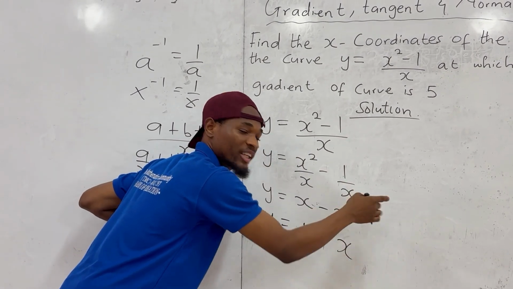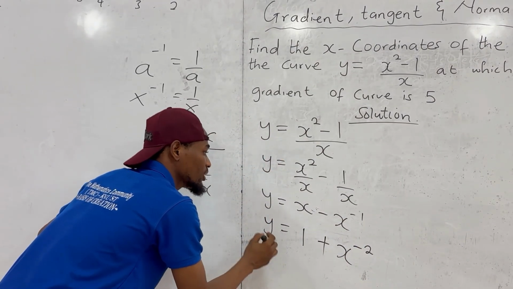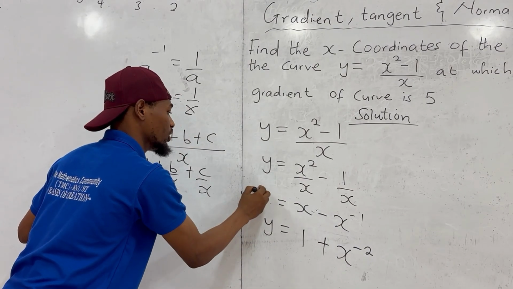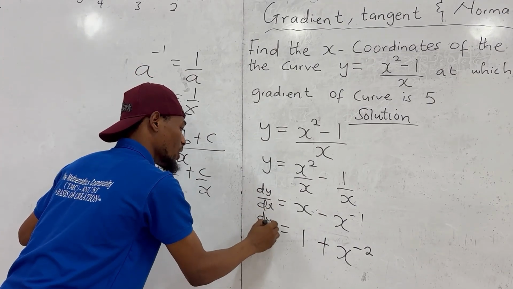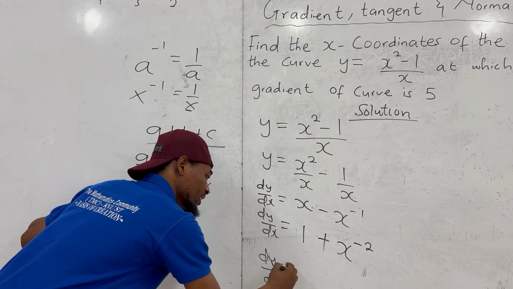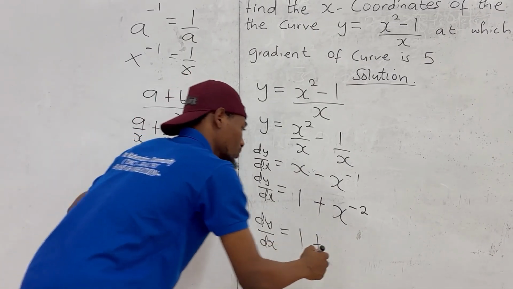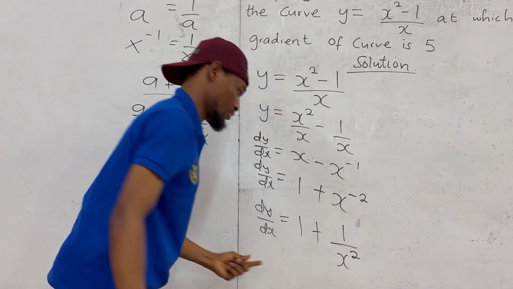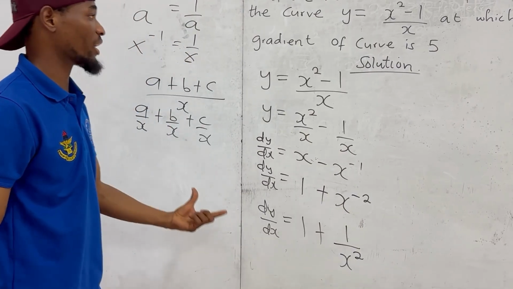You subtract 1 from the exponent, so I have -2. So this is dy over dx equals 1 plus 1 over x to the power of 2.